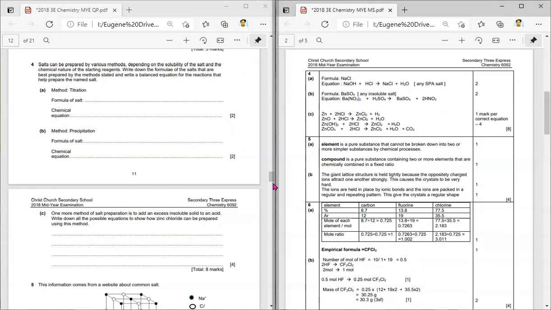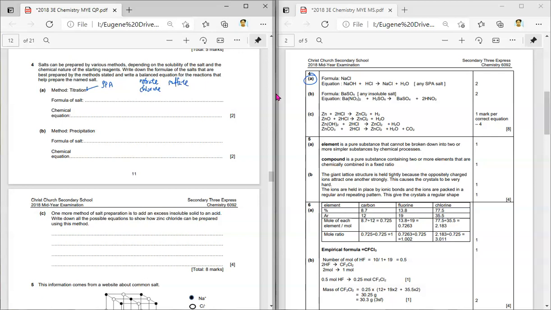Now for question 4, salts can be prepared by various methods. Write down the formula of the salt that can be best prepared and write down the name of the prepared salt. For 4a, this is sodium chloride, because titration generally is for any soluble salts. Soluble salts means sodium, potassium, or ammonium with either nitrate, chloride, or sulfate.